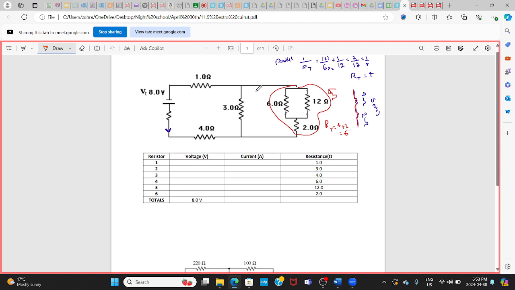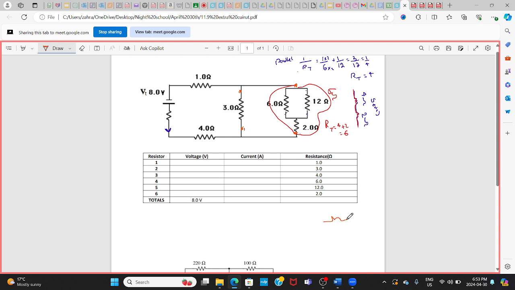Would it be parallel? Very good. Parallel. Can you tell me why? Because they're not taking one path and the current is splitting in two. Yeah, because the two ends of them connect to each other, like this end to this end and this end to this end, right? They are not back to back. The two ends across them are connected to the two ends here. True.